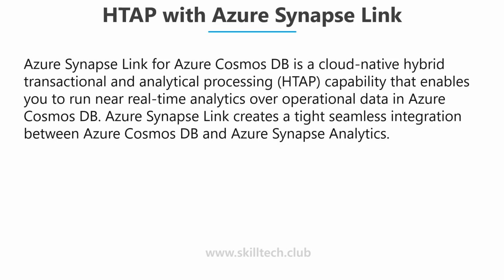Instead of using a normal linked service, you're going to use a specialized linked service which is known as Azure Synapse Link. This Azure Synapse Link is going to help you build a tightly seamless integration between Azure Cosmos DB and Azure Synapse Analytics. Now let's try to understand this in a visualized way.